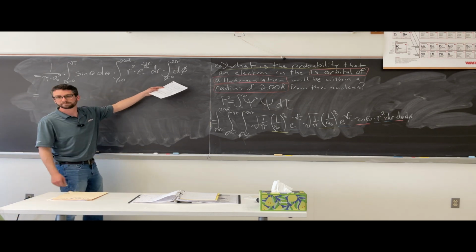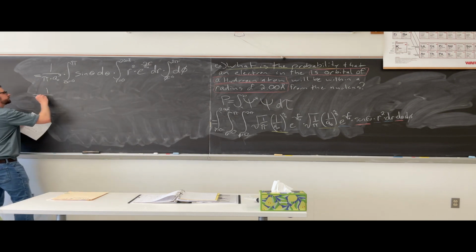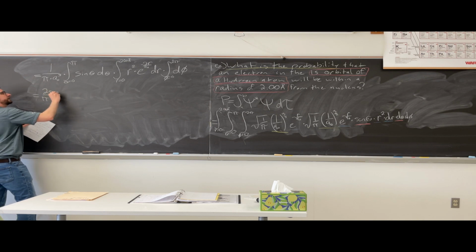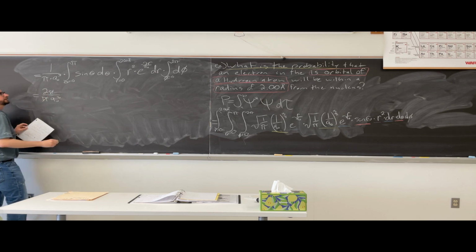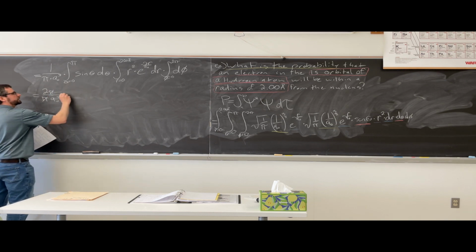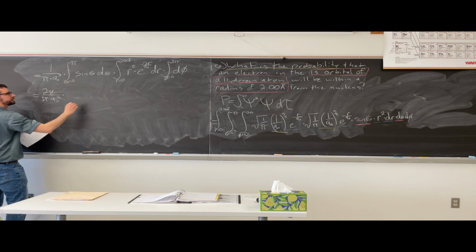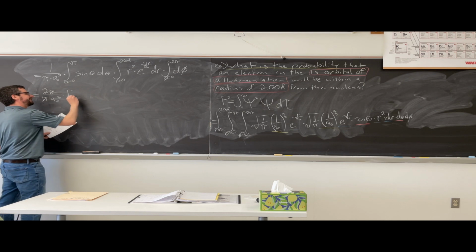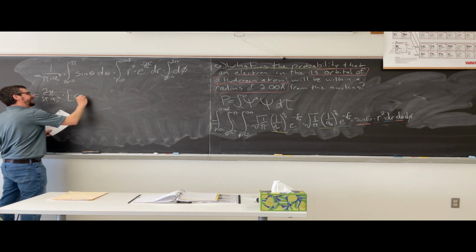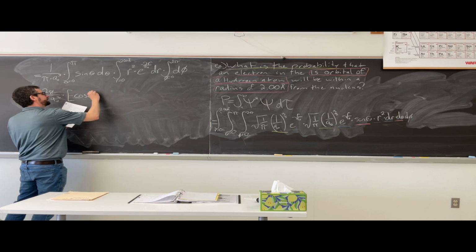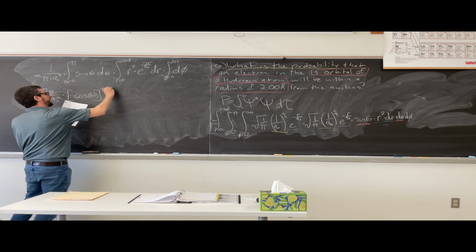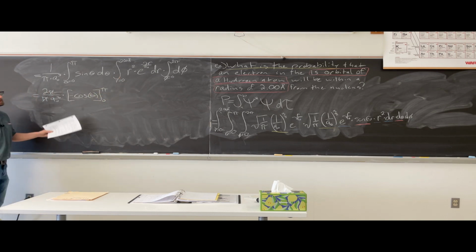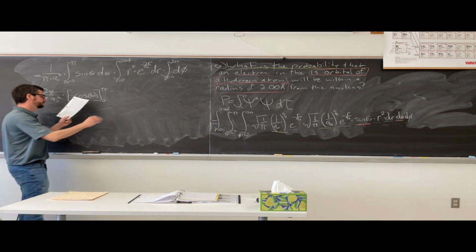That guy, what are we going to get? Yep. So we get 2 pi, where the pi's cancel. This guy. Integral of sine is what? Yeah, negative cosine. We just got to go from 0 to pi. The integral of that one is a little trickier. You can get it from a table.